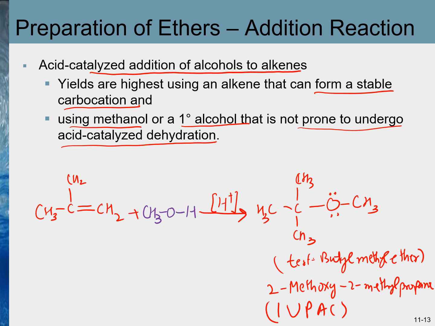As we know, in addition reaction, the pi bond cleaves and the bond between the heteroatom and hydrogen cleaves, and hydrogen goes to the carbon atom with more hydrogens, and then the other part of addendum goes to the adjacent carbon atom, and it will result in formation of this ether.